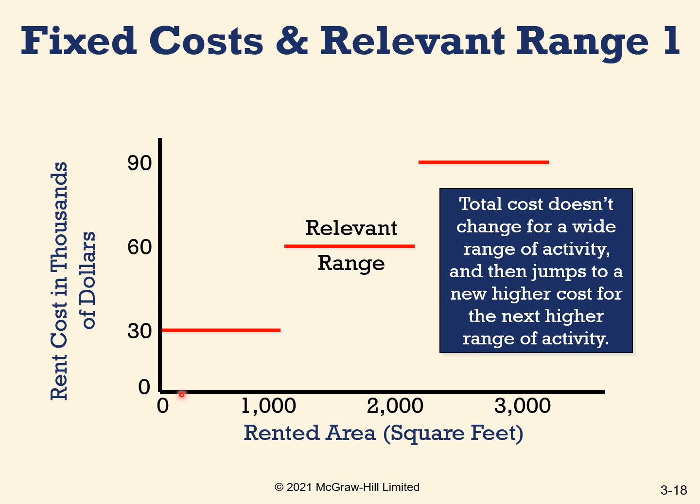Based on this graph, it's $30,000 for us to rent 1,000 square feet. Anywhere below this, if we had 800, 700, 600, it's still going to cost us $30,000. But after this 1,000, we're going to have to jump up and pay $60,000 for anywhere between this 1,000 to 2,000 range. So you can see this jump between them is much larger than when we look at our variable costs.